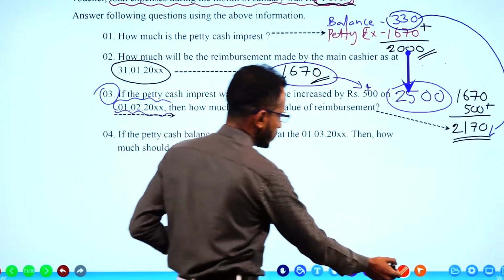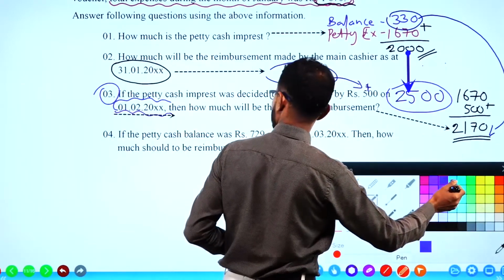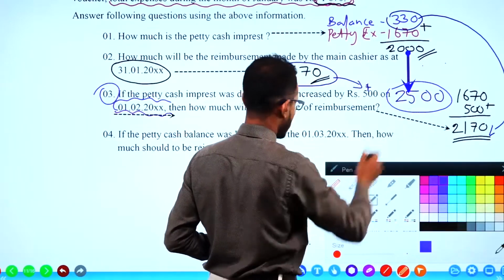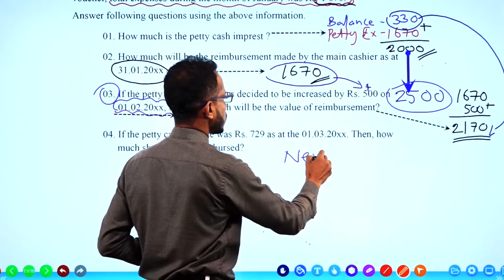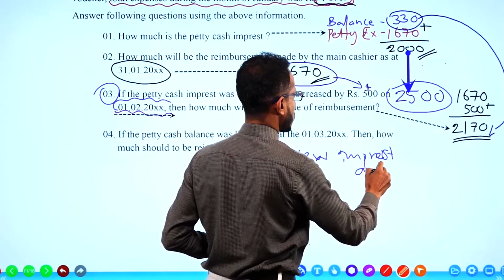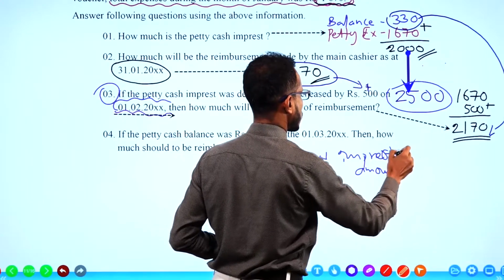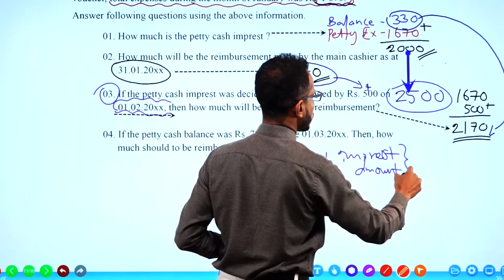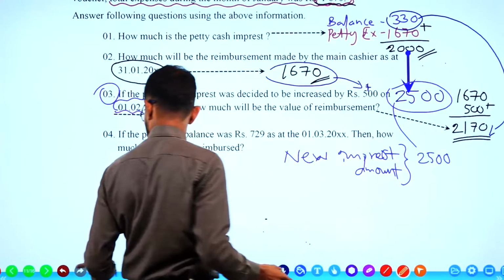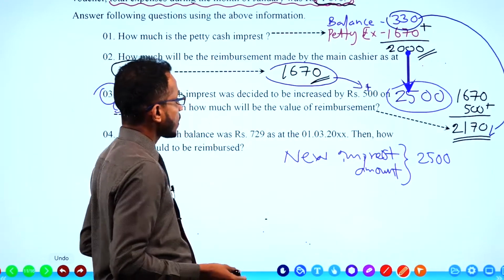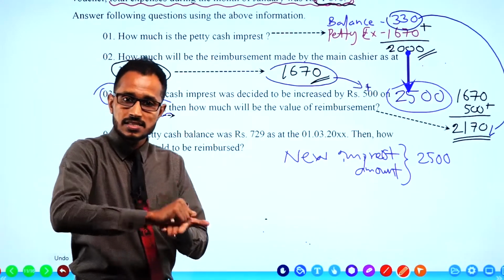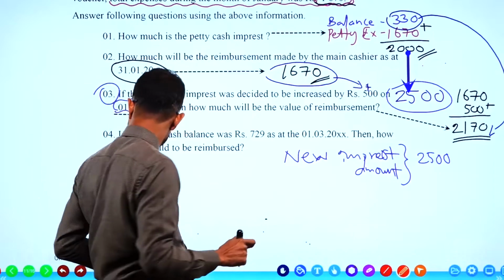Okay, the new imprest is 2,500, right? Imprest amount is 2,500. That is this one. And now only 729 is remaining as the balance.